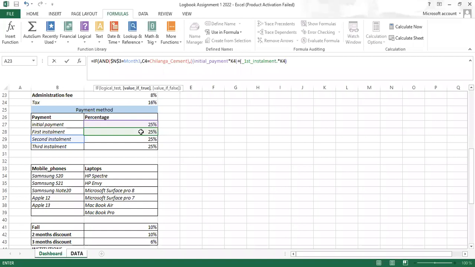You close bracket plus open bracket, this one times K4, close bracket, then plus open bracket, this one times K4, you close bracket.